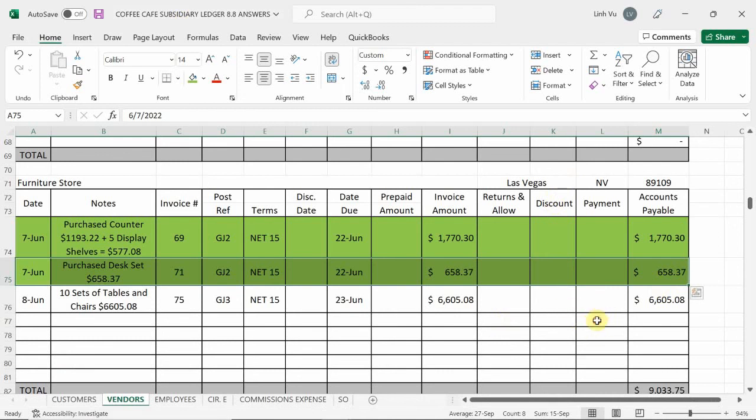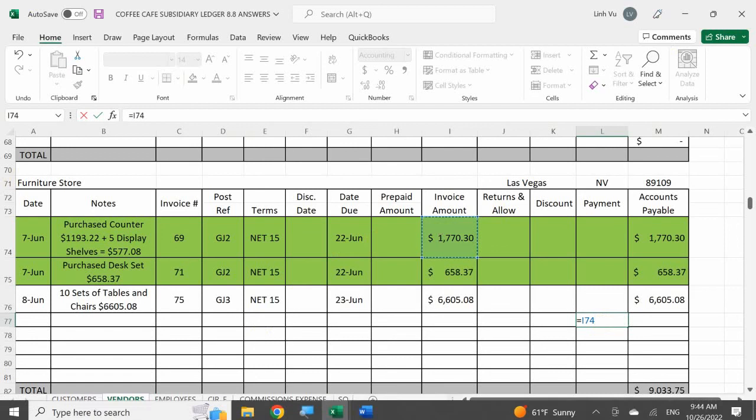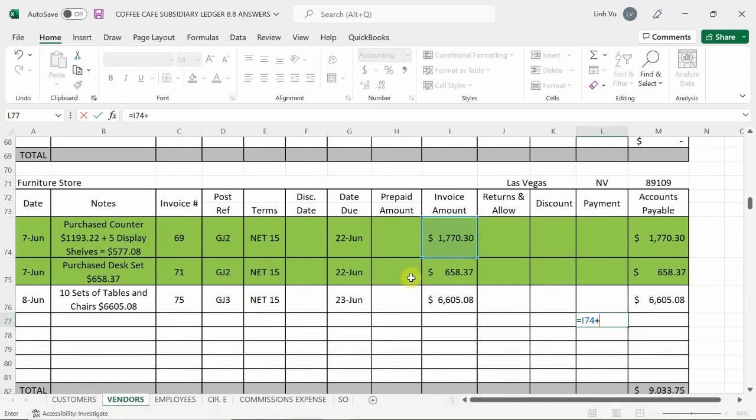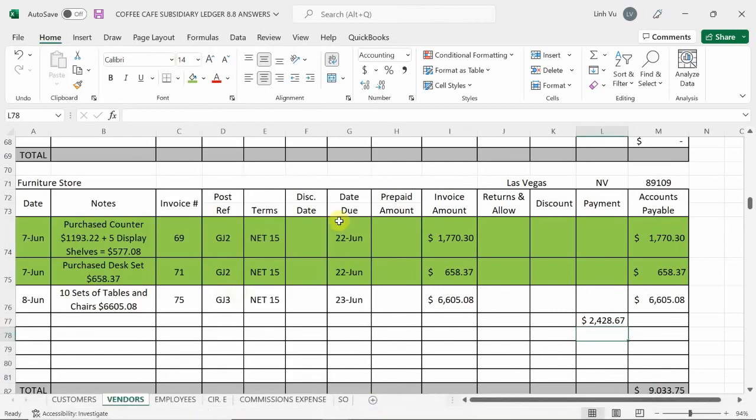I'm going to pay for both of them. So I'm going to add up 1770 plus my 658. That's going to give 2428.67. Right? Because I don't get any discounts in this case. They told me straight up you need to pay.